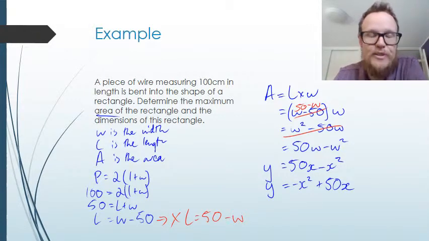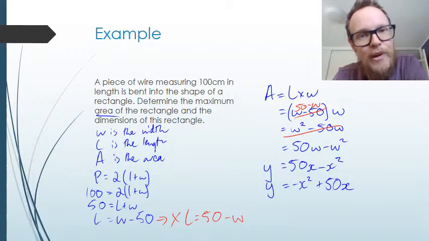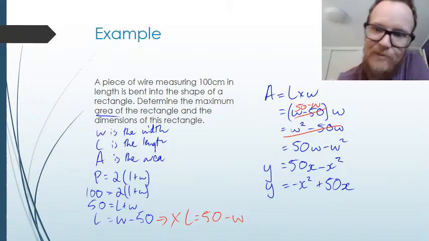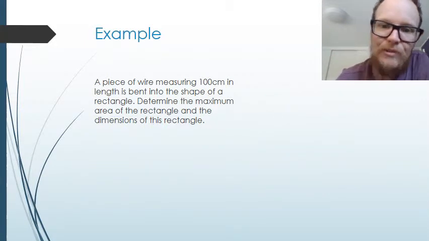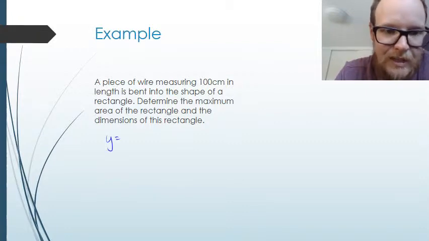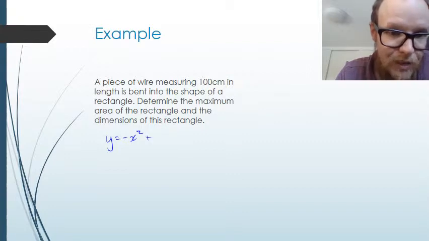We're going to graph this. Remember, when we're graphing a parabola, we've got to find the y-intercept, x-intercept, and turning point. So let's do those things. The equation that we had was y equals negative x squared plus 50x.